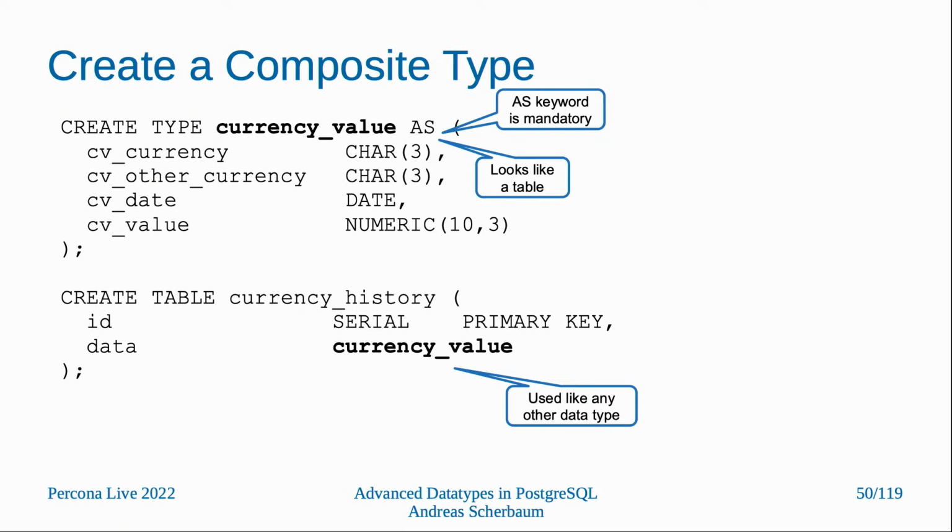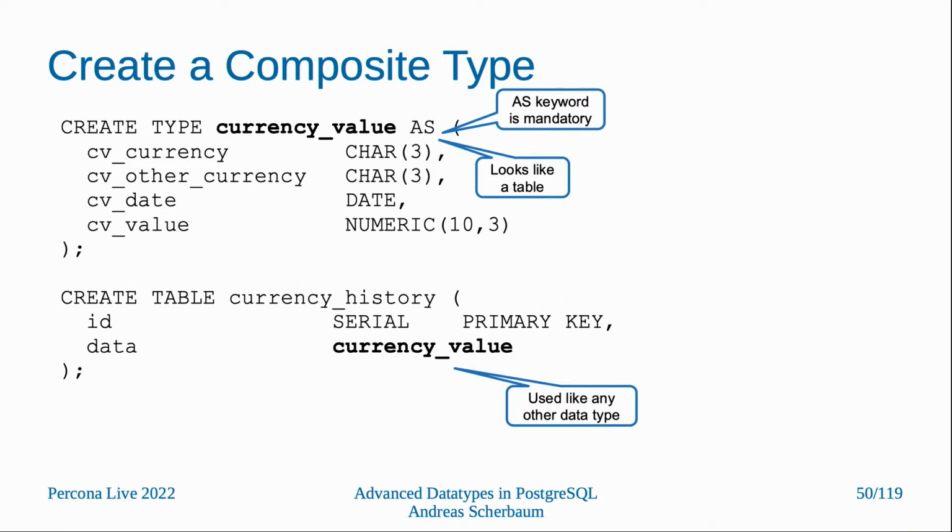So we have one example here, create type. We create a currency value type because we had this money type before, and I want to show you that we can do better. So we have a currency here, source currency and a destination currency. Of course, we want to have a date from when this currency conversion rate is, and we want to have a value. What is the conversion rate?